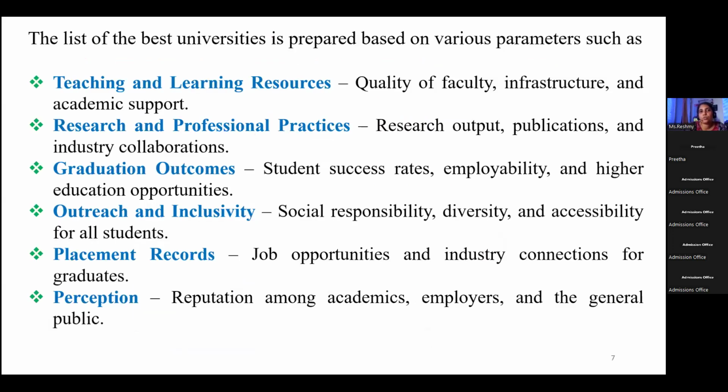We have to meet some of the criteria, like a university can be ranked based on parameters like teaching and learning resources, the quality of the faculty that the university provides, the infrastructure the university provides, the academic support that the university provides for its students, and also what is the research outcome that is coming from that university, how many publications are coming from that university, what ongoing research is going on in that university, what are the industry collaborations of that university, and also what is the graduation outcome.